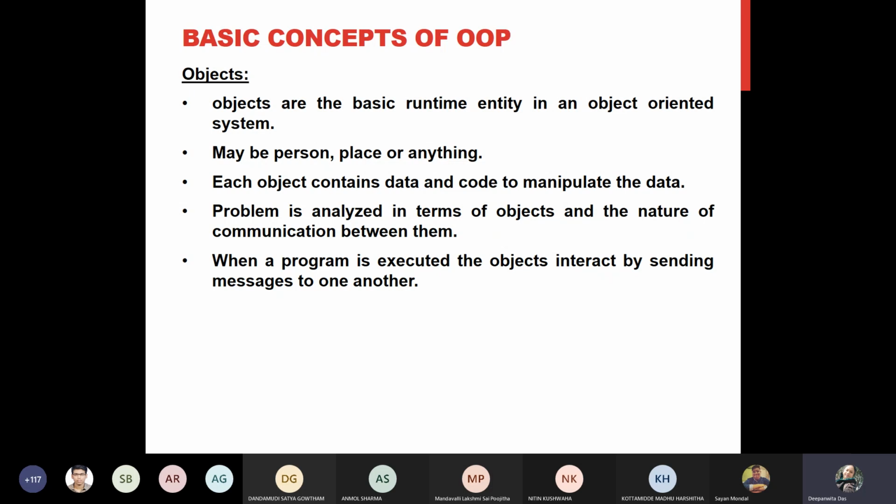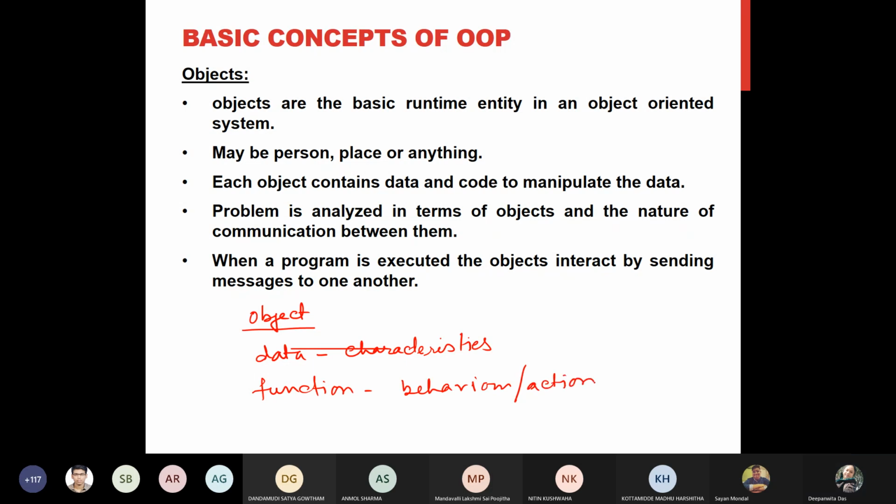Every time we consider an object, we consider that the object has data, that is its characteristics, and functions, that is behavior or action. These two things we consider for an object.